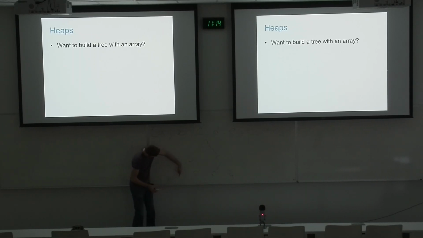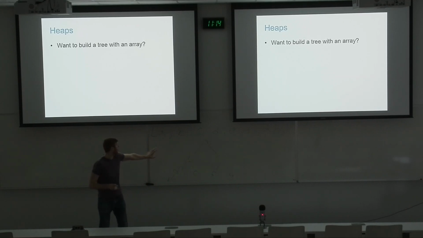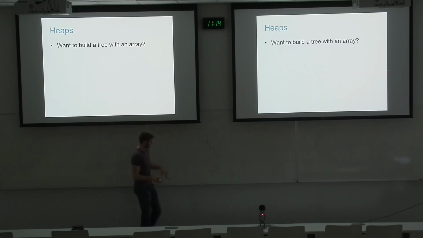There's no left or right subtree on D, and these are all empty. This is how we're going to encode a tree with an array. This is called a heap. This is a general heap. That's it. That's all it means.